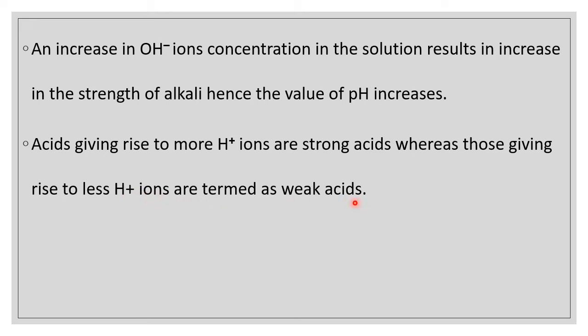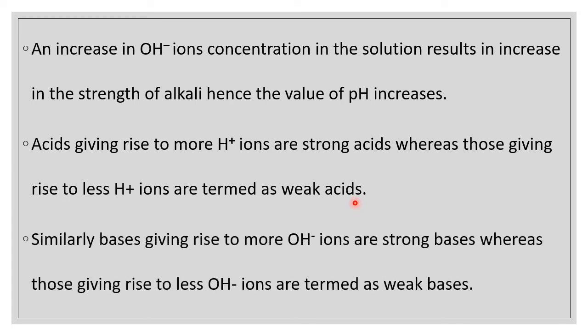Strong acids give H plus easily, and weak acids give H plus ion with difficulty. Similarly, bases giving rise to more OH minus ions are strong bases, whereas those giving rise to fewer OH minus ions are termed weak bases. Depending upon the number of ions in a given amount of solution, we can tell whether it is a strong acid, strong base, weak acid, or weak base.